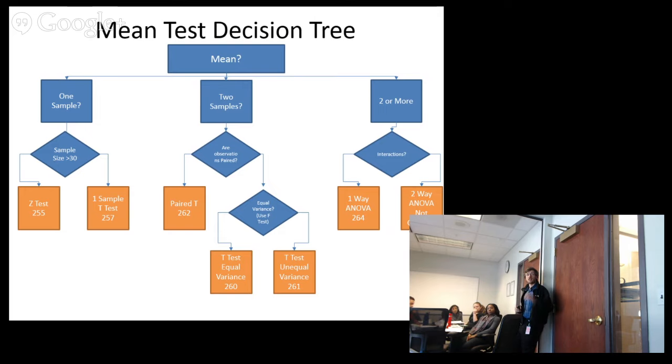So that's the t-test. So if we're dealing with two samples, we have a different question. The first is, is there a relationship between my first sample and my second sample? So what do I mean by relationship?